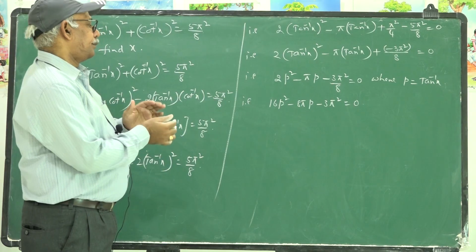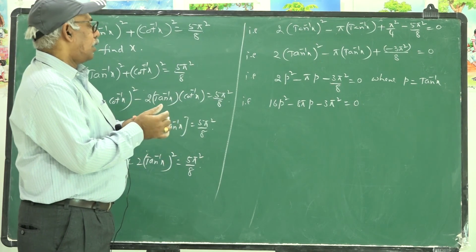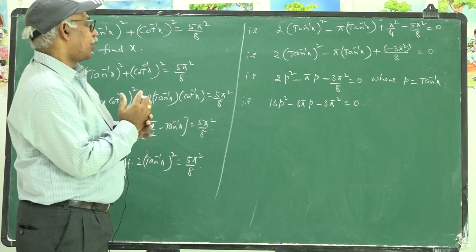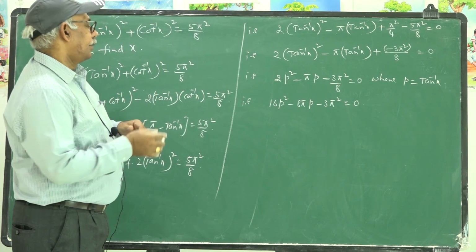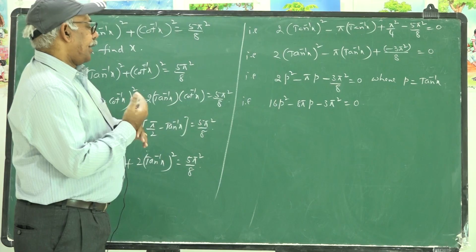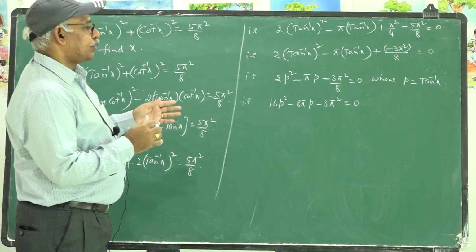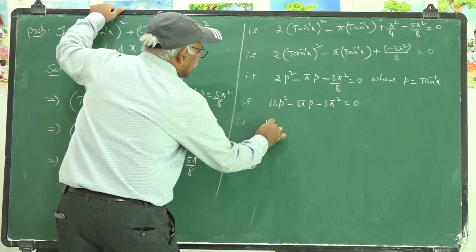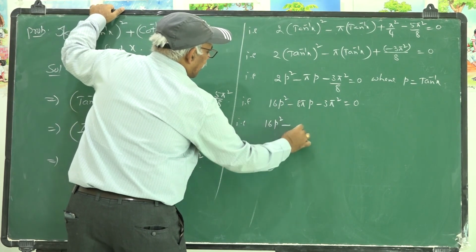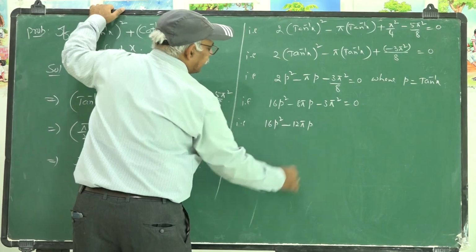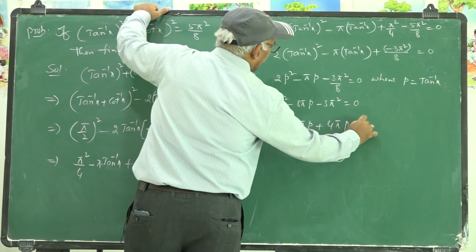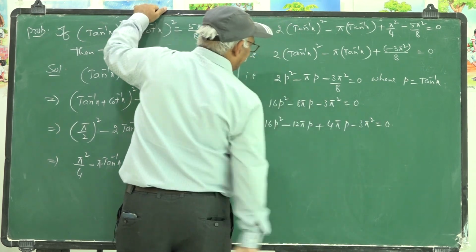Now try to resolve into product of two factors. 48 means 12 into 4. So that is 16p square, write this one, minus 12 pi p plus 4 pi p minus 3 pi square equal to 0.